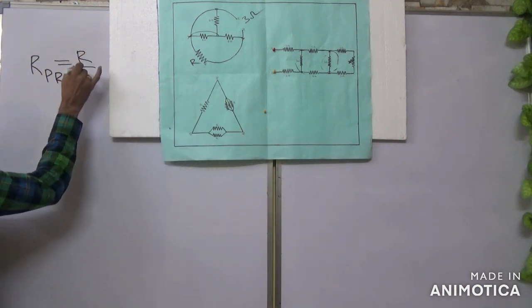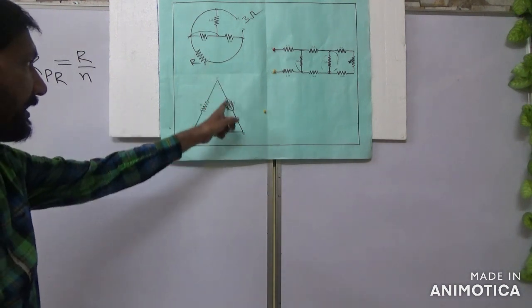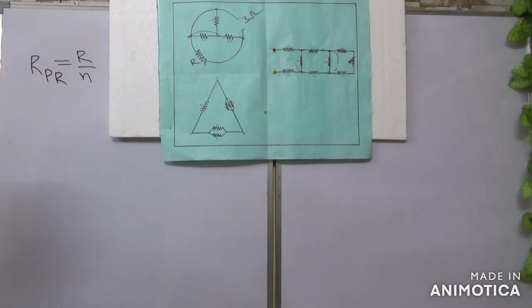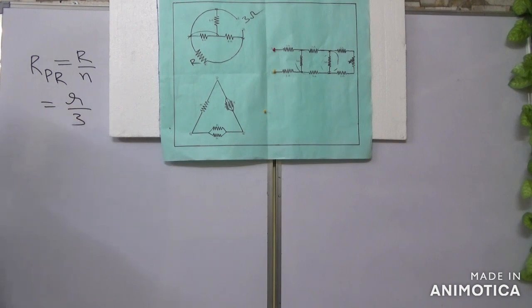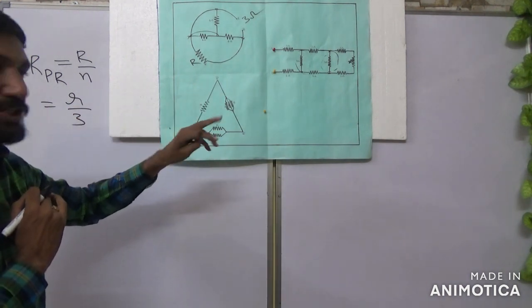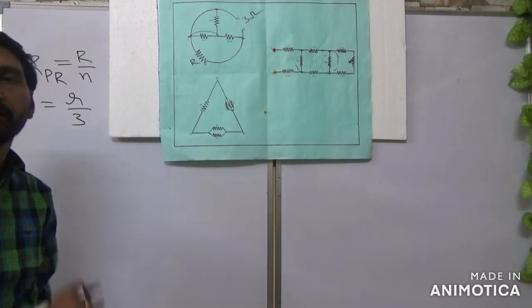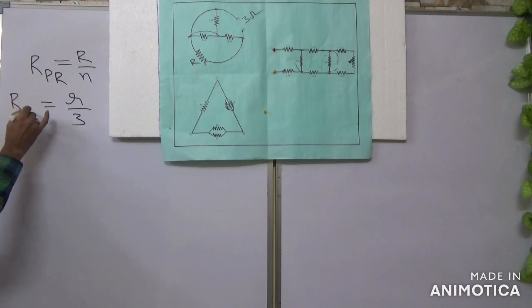Whenever resistors are identical, we take R by N. Here resistance of each one is R, so it is R by 3. Why? 3 identical resistors, each of resistance R joined in parallel combination. So resistance between PR is R by 3.